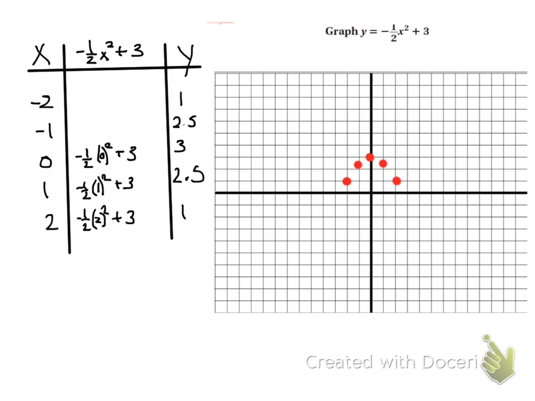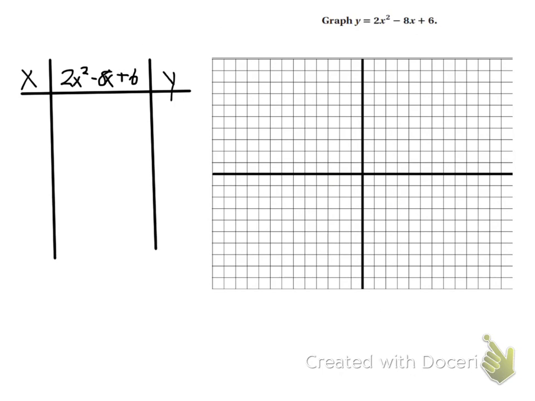And you'll notice this graph got wider. Okay, as I said, the last one got skinnier if A is larger than 1. Well, if A is less than 1, it gets wider, just like our absolute value graphs. And that's the graph of that equation.